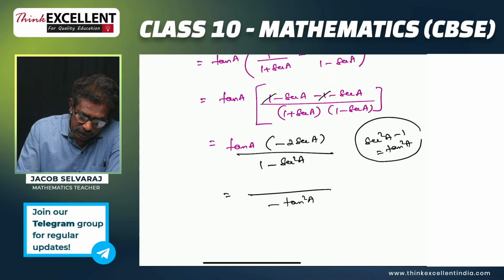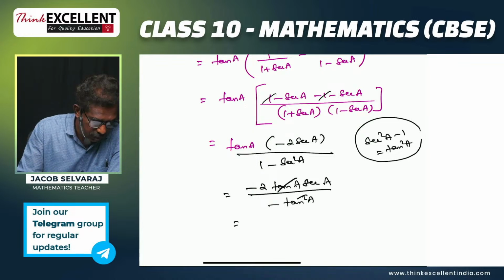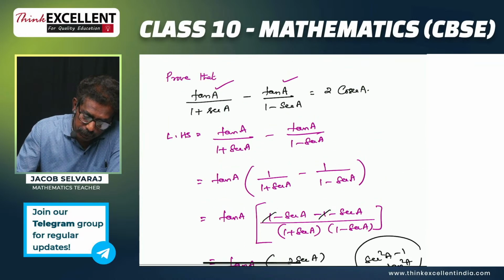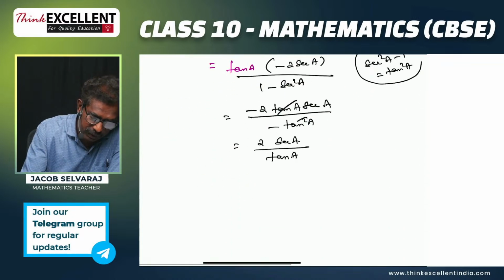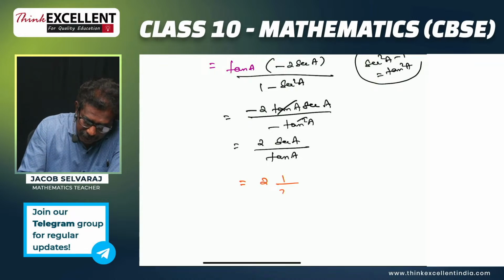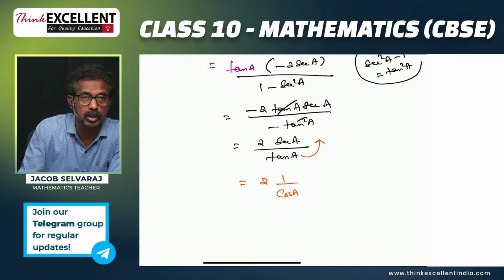So numerator is minus 2 tan A secant A. So minus cancel, 1 tan cancel. So you are getting, it becomes plus, right? You are getting 2 secant A by tan A. But what answer you are supposed to get? 2 cosecant A. Now we convert into sine and cos. 2 secant A can be written as 1 by cos A. Then denominator tan A, if we take it to the numerator, it will become cot A, right?